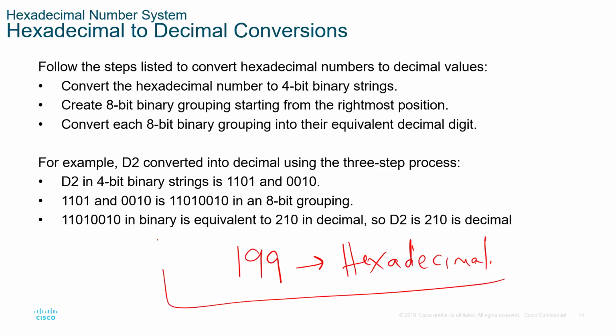All right, let's give it a go. Type in the chat. We have 6 minutes. I think we can get this done in less than 6 minutes. 199 to hexadecimal. Let's give it a try.